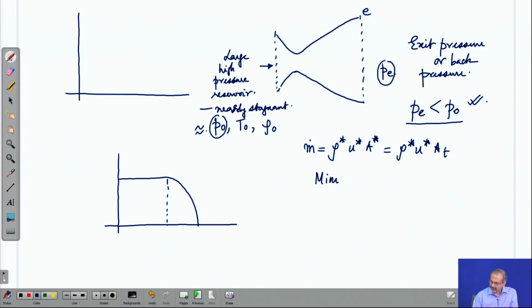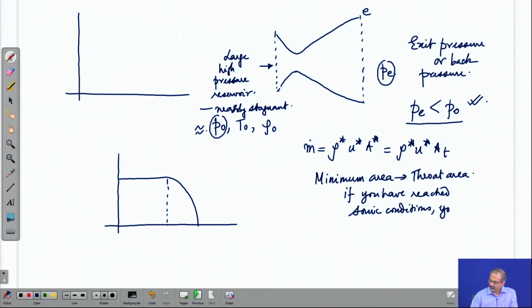So, at the minimum area, that is the throat area, if you have reached sonic conditions, you cannot increase the Mach number further at the throat for an isentropic flow.